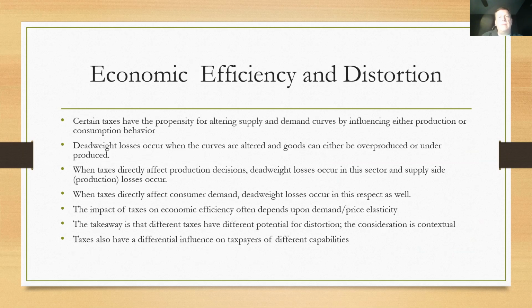Now, clearly, whenever we try and cut taxes, one of our goals in cutting taxes is to influence the economy. So whereas when you're increasing taxes, you're hoping not to impact the economy too much unless it's a sin or sumptuary tax. When you are reducing tax rates, you are obviously hoping to affect the economy by stimulating economic activity.